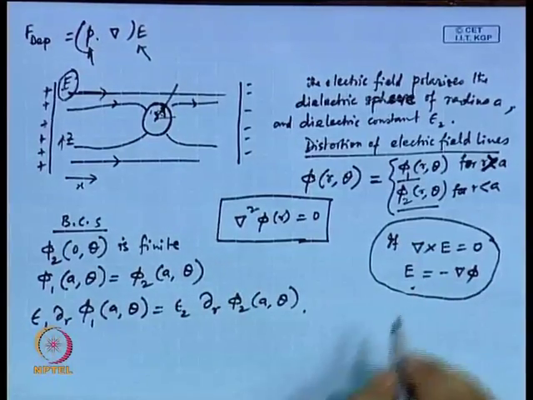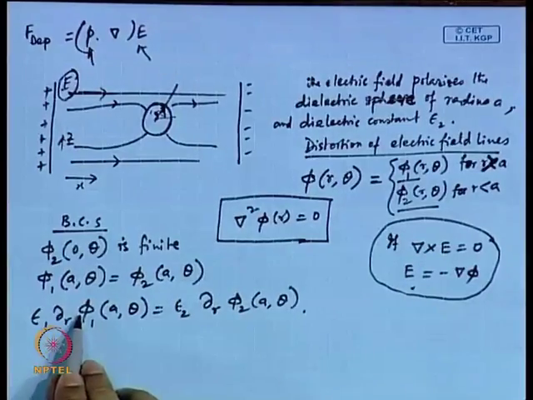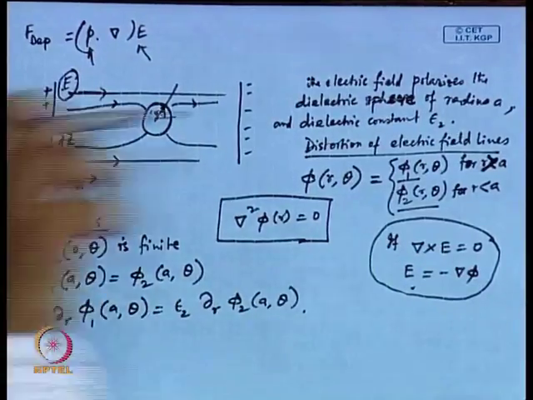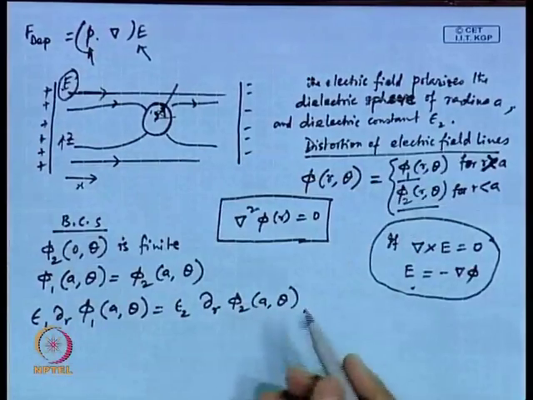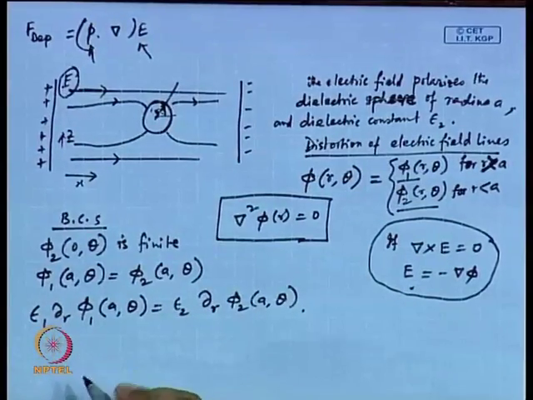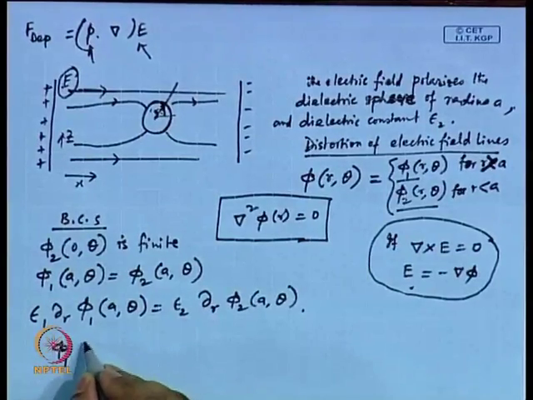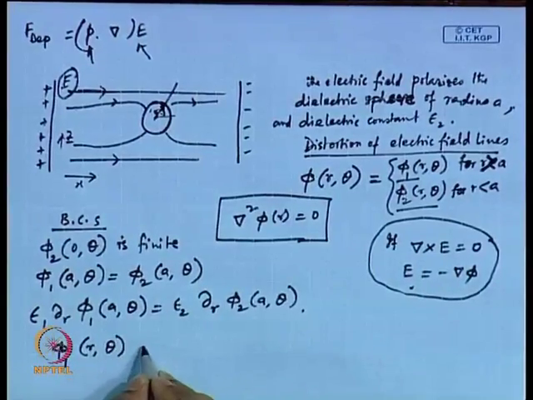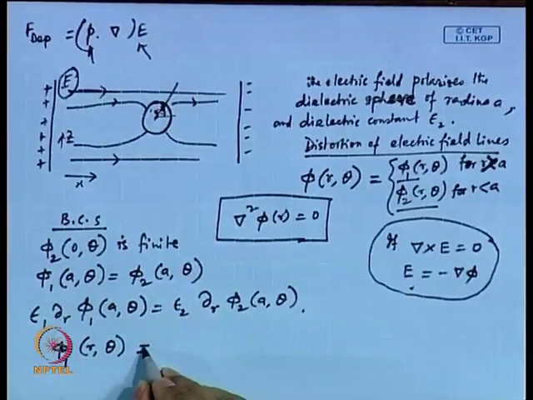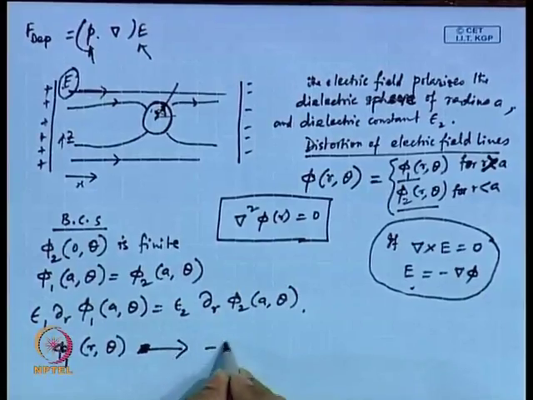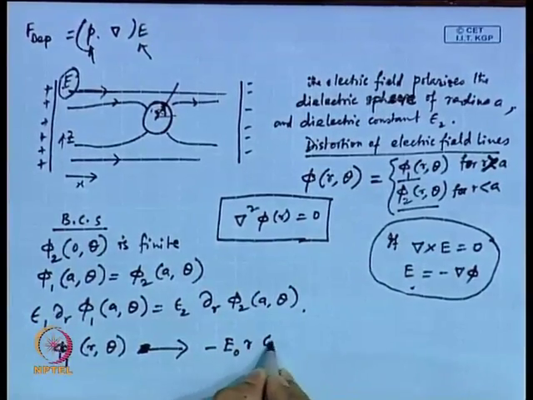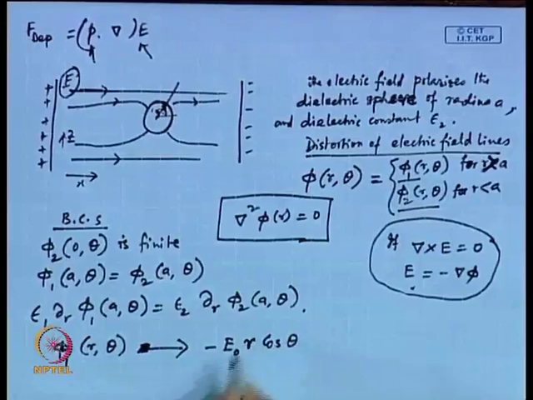Now, how will you satisfy it? Because you are talking about some r theta coordinate here, and E is imposed in this direction. So what you should be writing here is phi 1 r theta tends to minus E naught r cos theta as r tends to infinity.